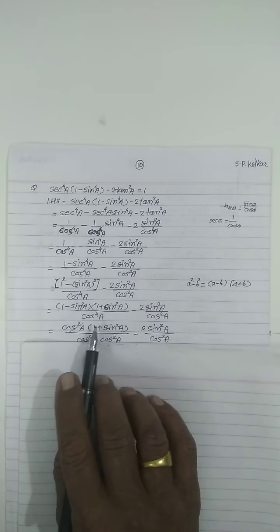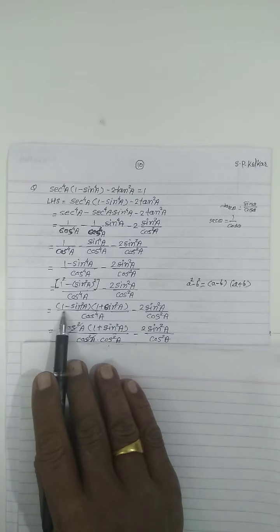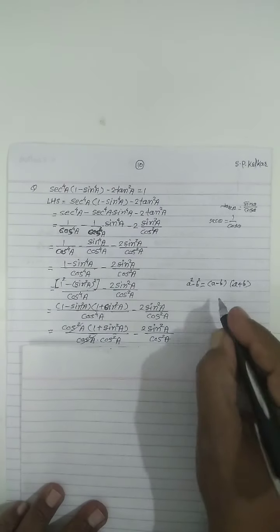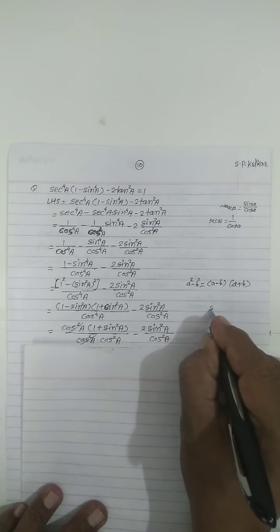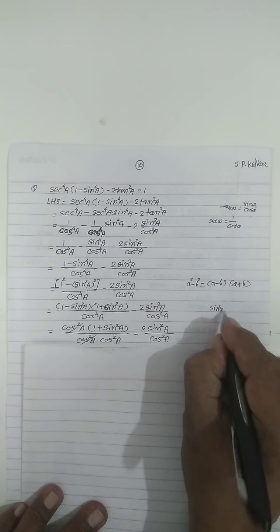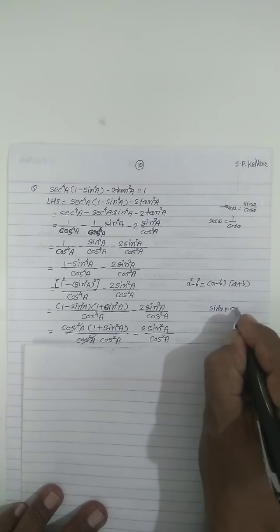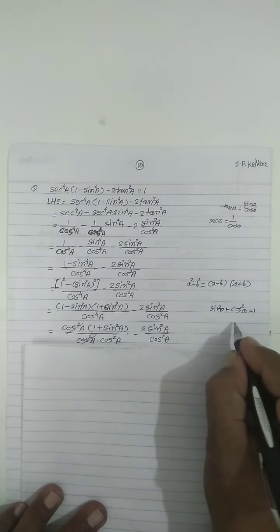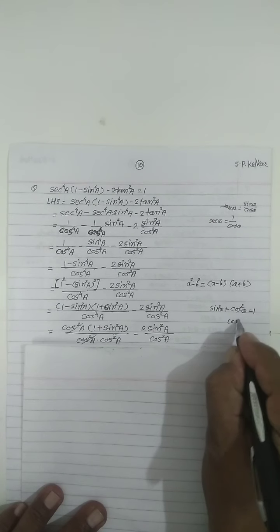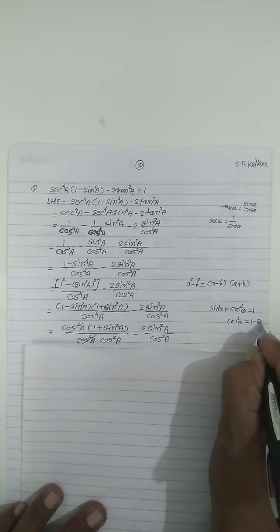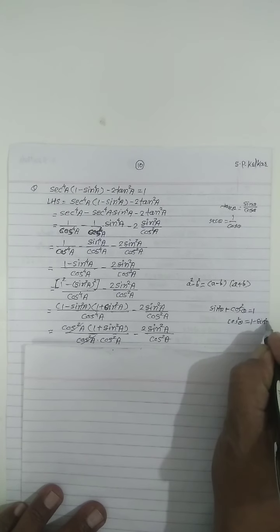Then see the 1 minus sine square a. We know sine square theta plus cos square theta equal to 1, which means we can write cos square theta equal to 1 minus sine square theta.